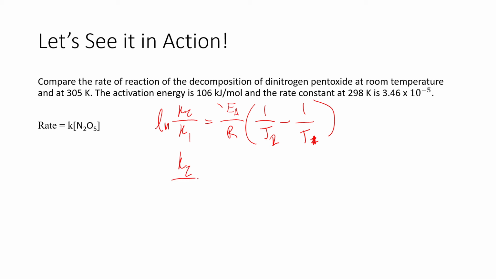So K2 over K1 is equal to e to the power of negative Ea over R times 1 over T2 minus 1 over T1. And then we're going to multiply this whole big e to the power of this by K1 so we can fully isolate K2.